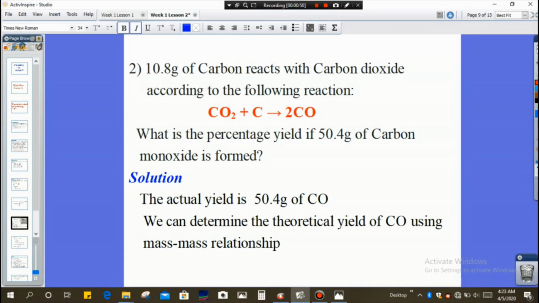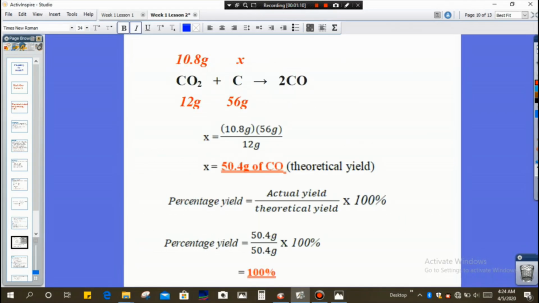The actual yield is already given in the problem, which is equal to 50.4 grams of carbon monoxide. And we can determine the theoretical yield by using stoichiometric calculations. As you observe on the screen, the theoretical yield of carbon monoxide is also 50.4 grams.